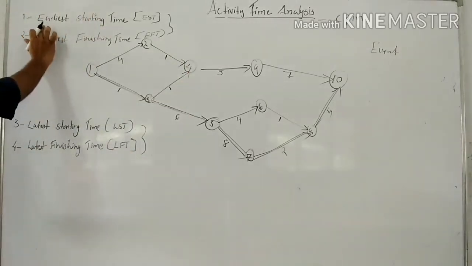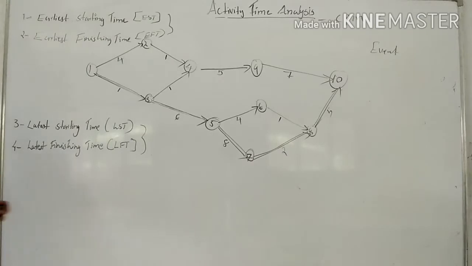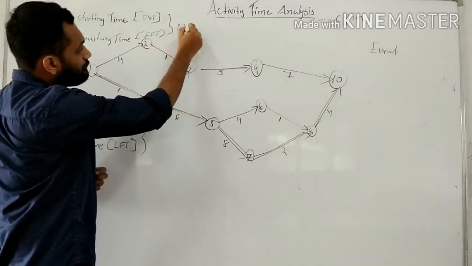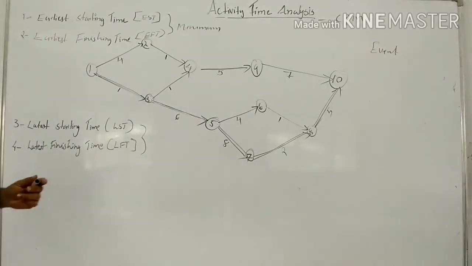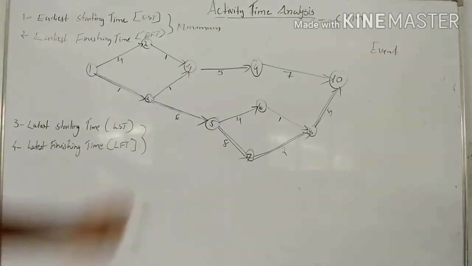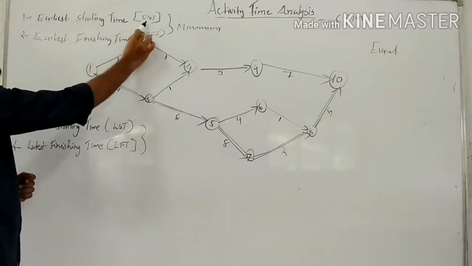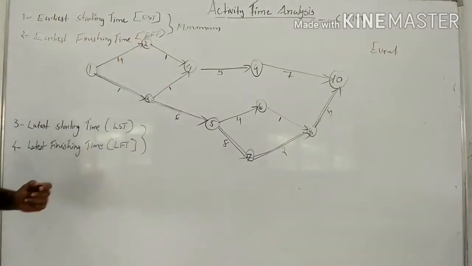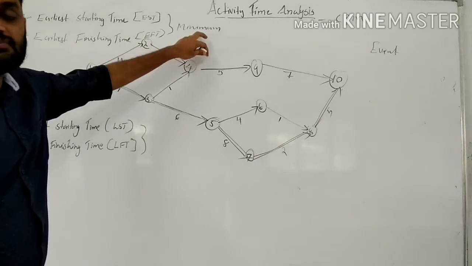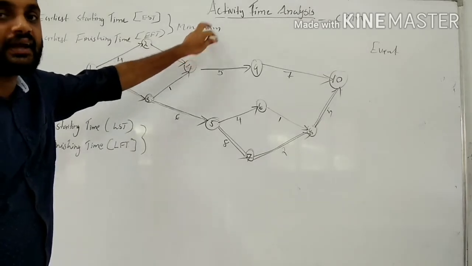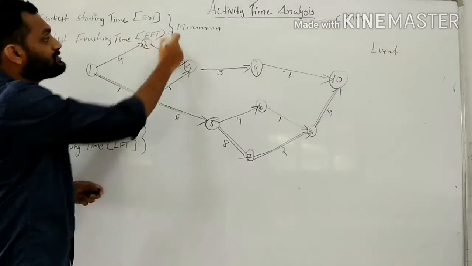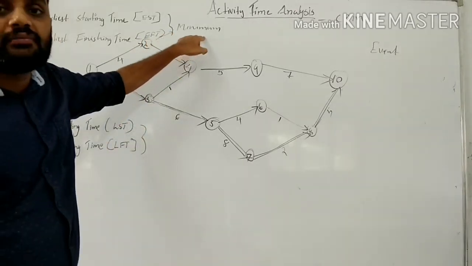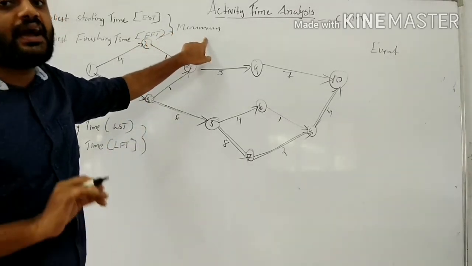Which means earliest starting time and earliest finishing time are the minimum time to start and finish an activity. EST indicates the minimum time to start an activity, and EFT indicates the minimum time required to finish an activity.